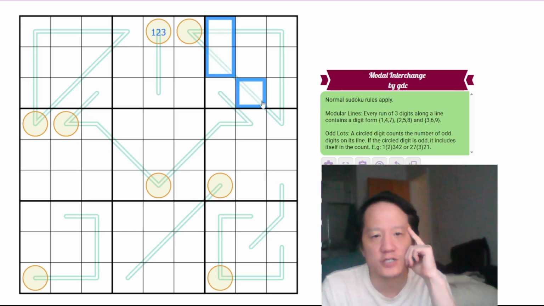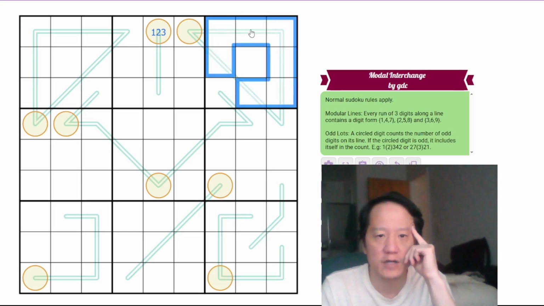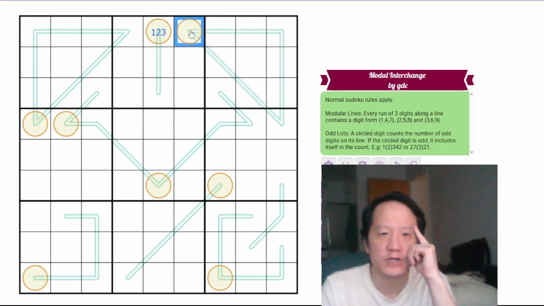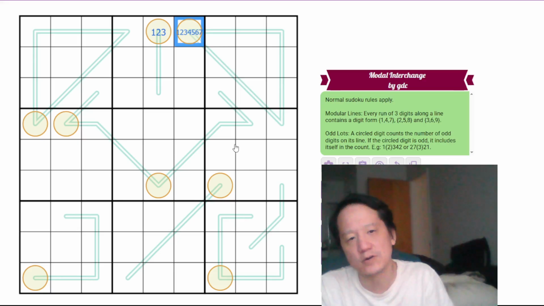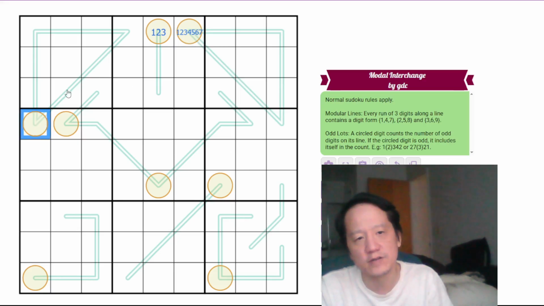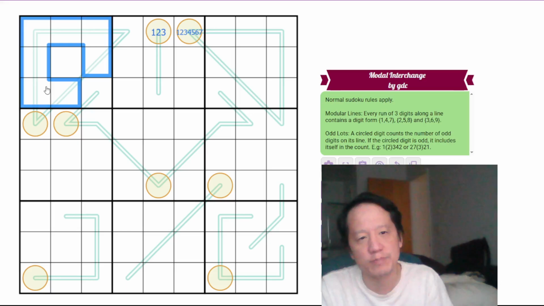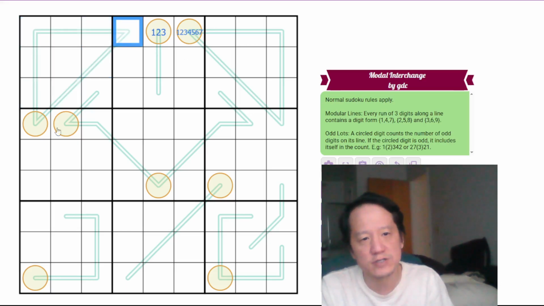These digits, though, are all in the same box, so there can be at most 5 odd digits in this set. Well, to add on, you could have 6 and 7 here, so this could be 1 through 7 here. And this is the same, right? We have 5 odd digits at most here. This could have 6 and 7 added on, so this is 1 through 7, possibly.